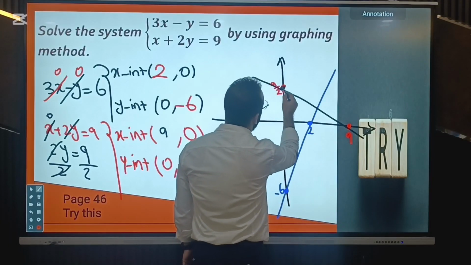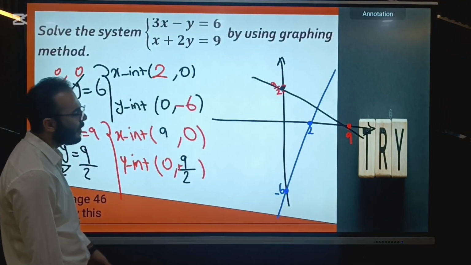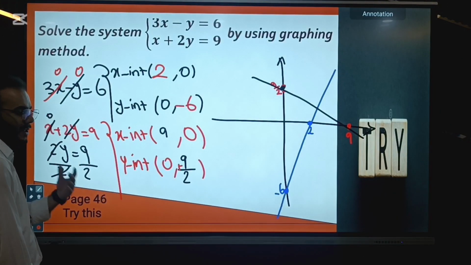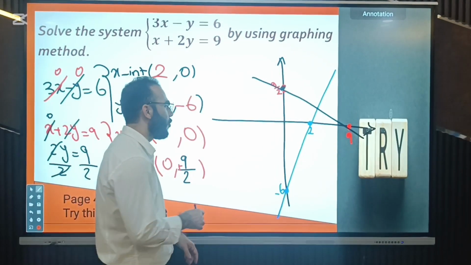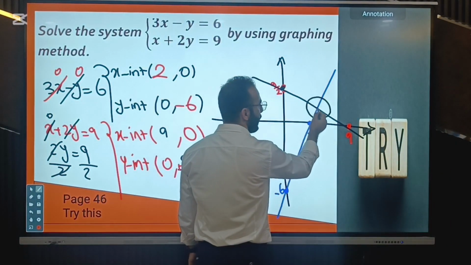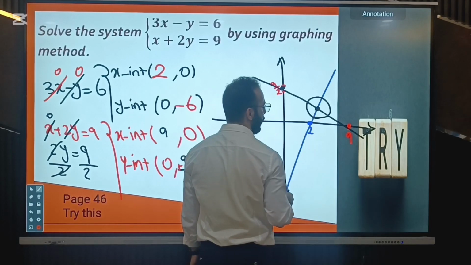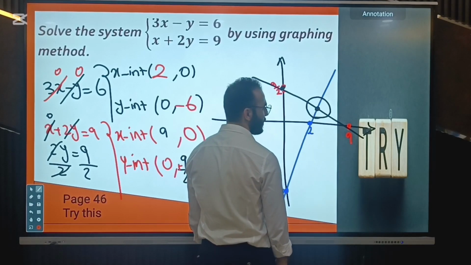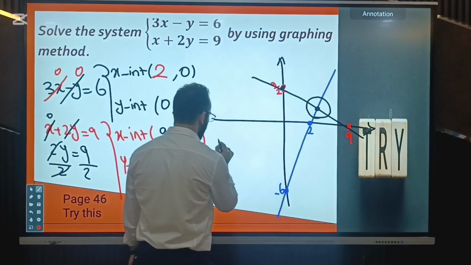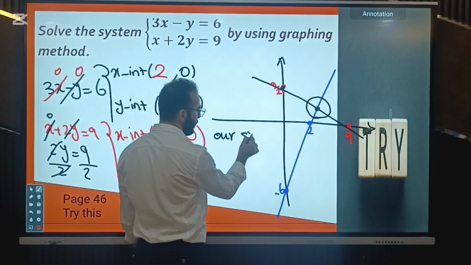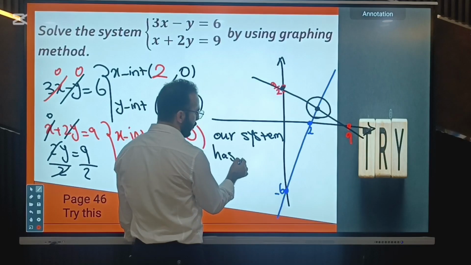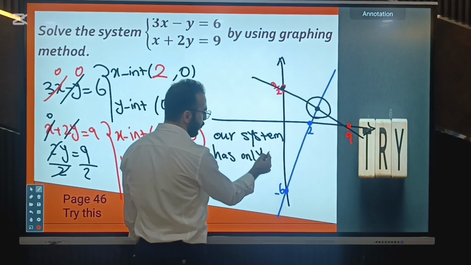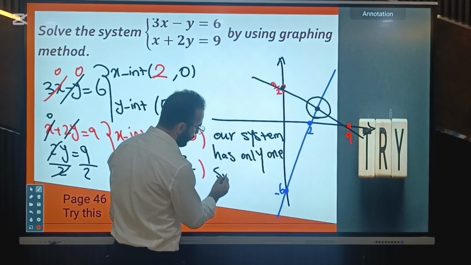It was not that much accurate, so let's just imagine. In how many points do these two graphs intersect each other? So at only one point. They intersect each other at this point. In no other point do they. That's why we are going to say that our system has only one solution.